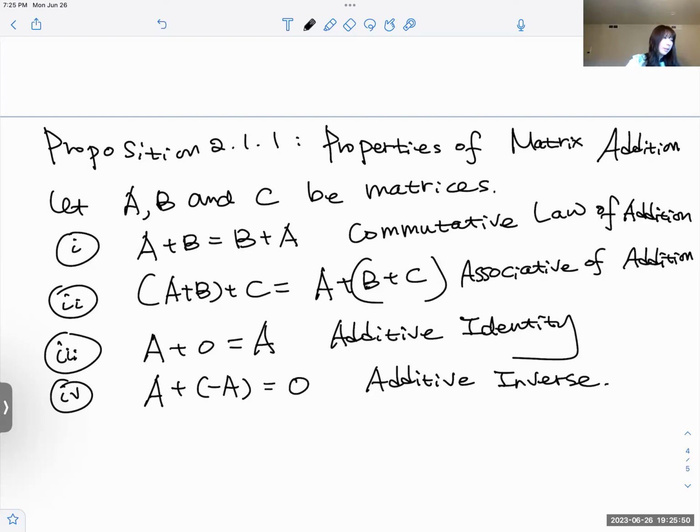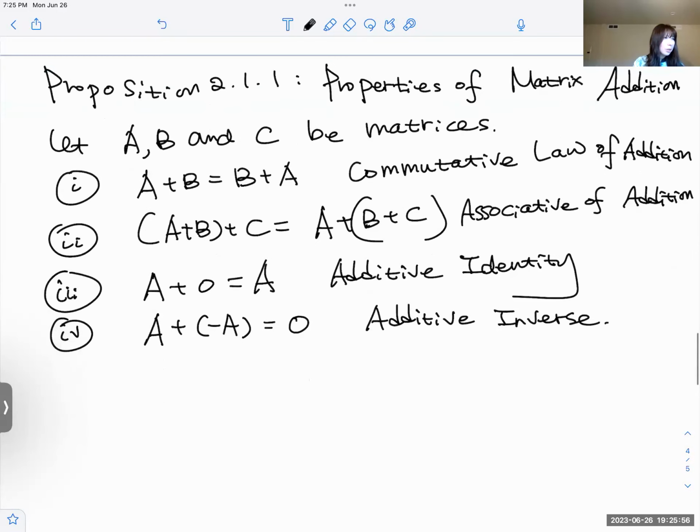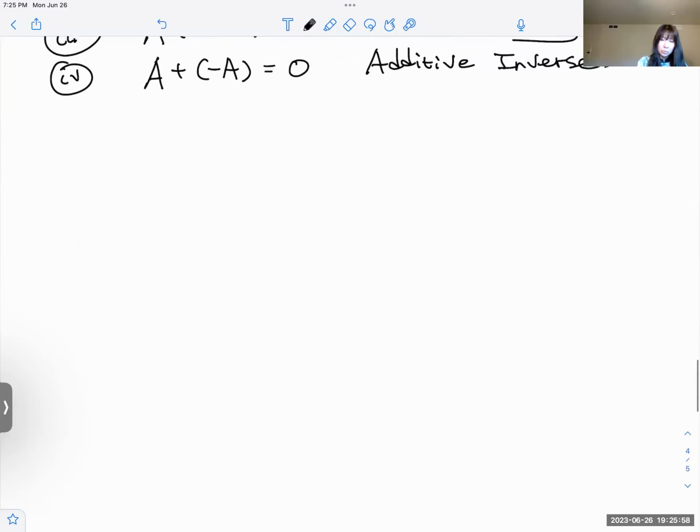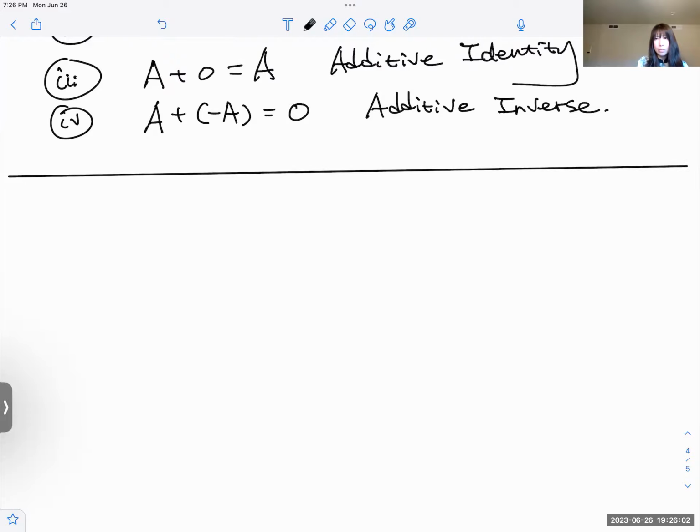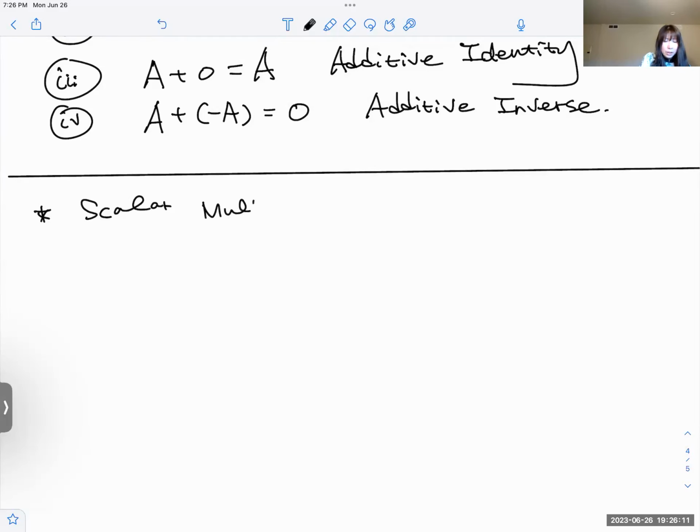All right. So we have another one, scalar multiplication of matrices.